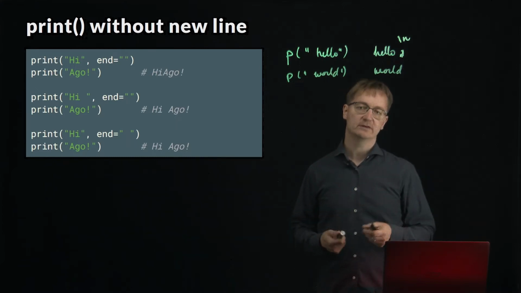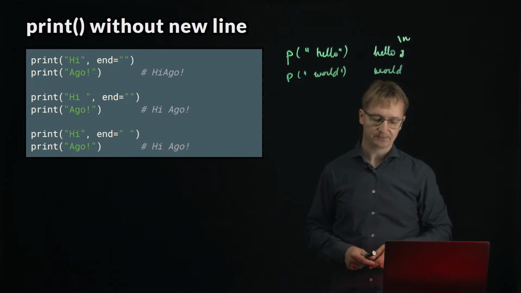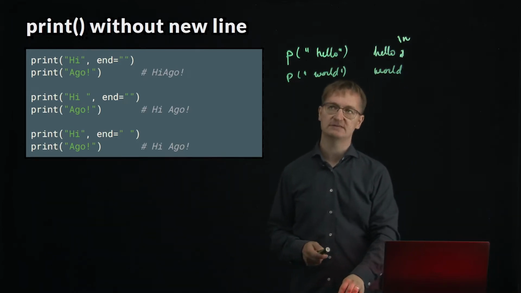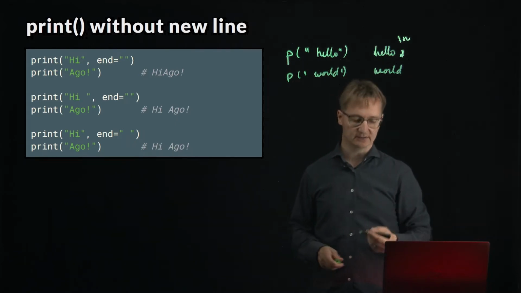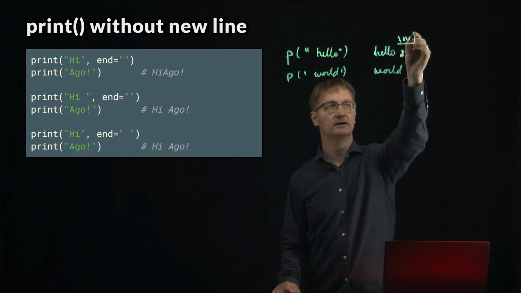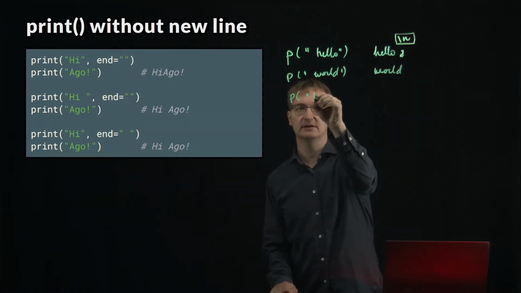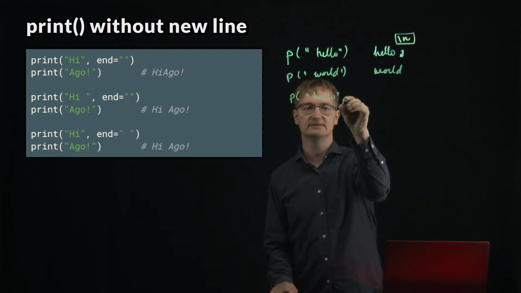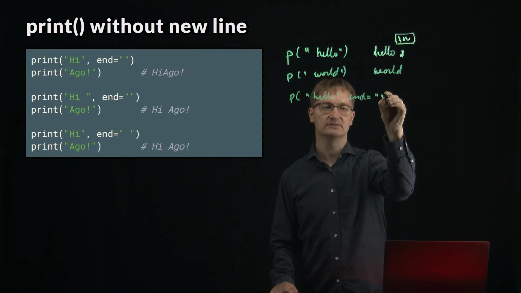If I don't want to add this new line at the end, I can do that also. For that, I have to specify inside the print function what the symbol at the end of the string is. By default, it's this new line symbol, but I can specify that, for example, let's say hello, and the end is an empty string.